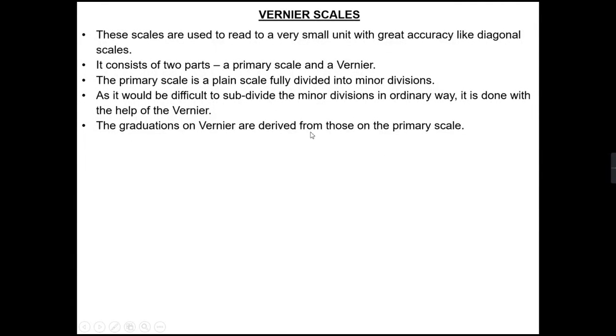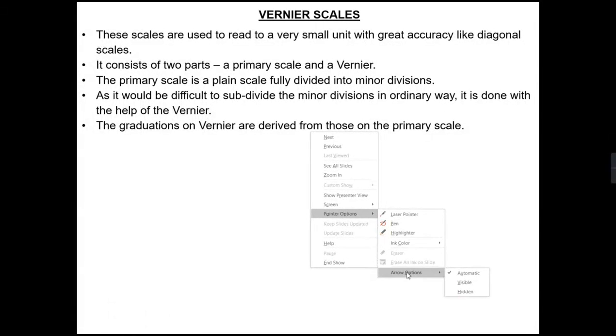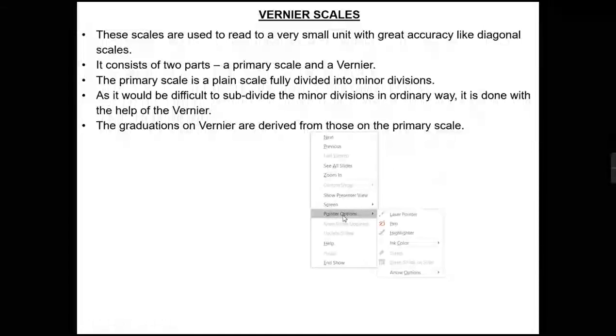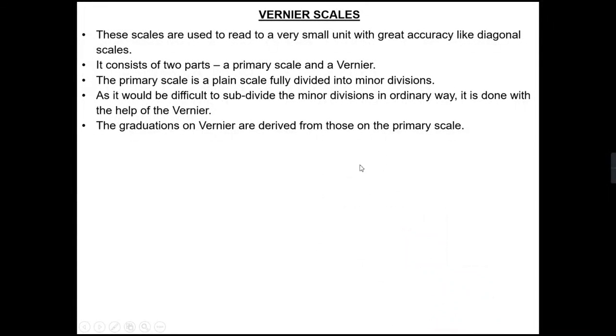The graduations on the vernier are derived from those on the primary scale. What this line means, you will see when we construct the vernier scale.